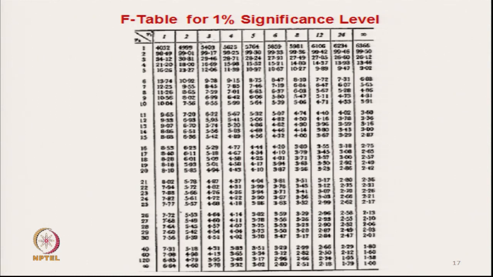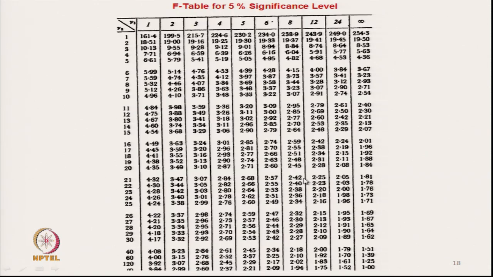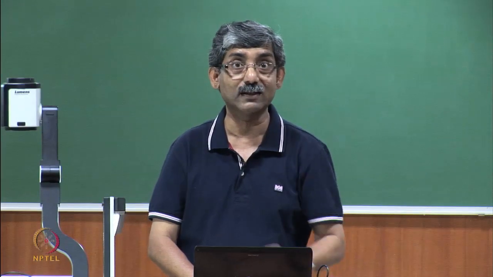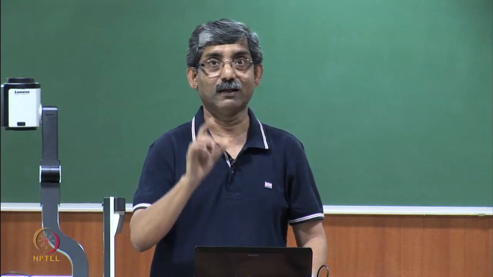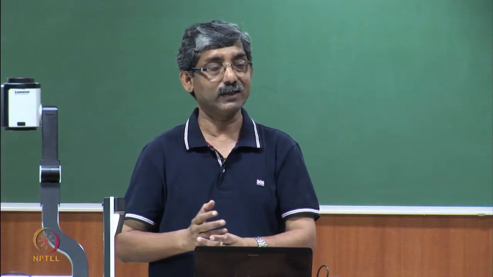This side is always for the higher value V1 and vertical is for V2, the denominator value. Accordingly we can get the value. Similarly, for the 95% significance level. If we compare this value with the calculated value, and the calculated value is more than the table value, then we can tell that the variability is significant.